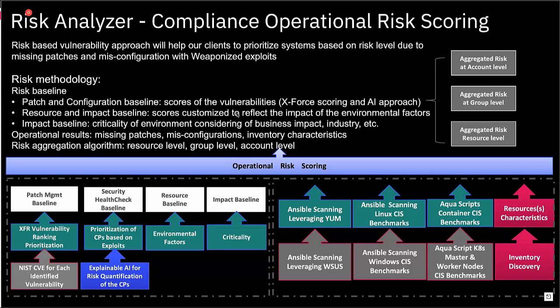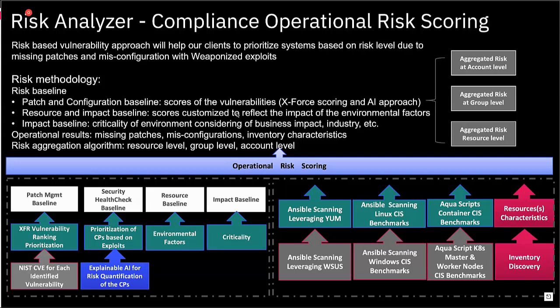The next thing is the resource baseline, where the focus is to understand the characteristics of your environment. If your resources or VMs are internet facing versus behind the firewall, of course your risk level will be different. If you are a production workload versus a dev test environment, your risk level will be different.